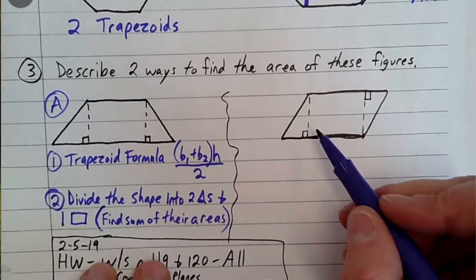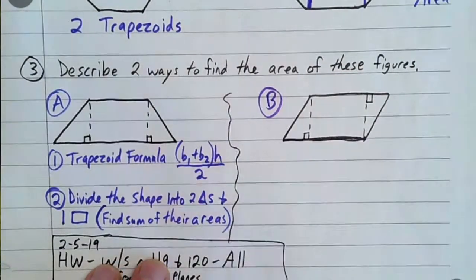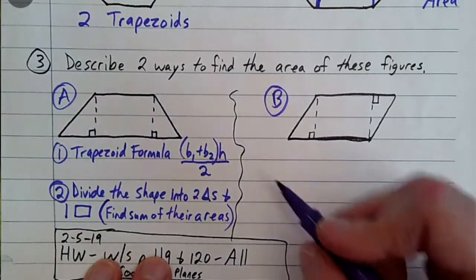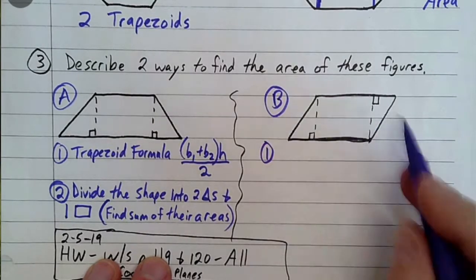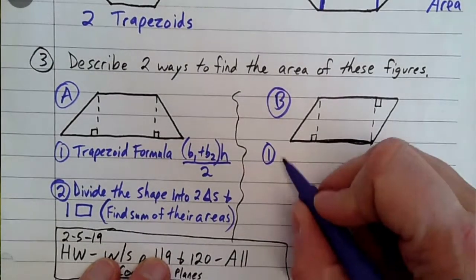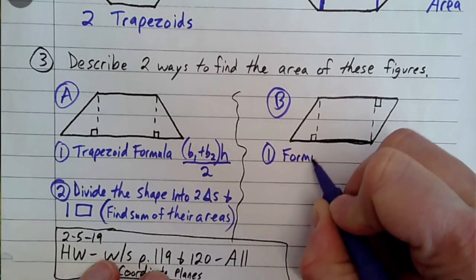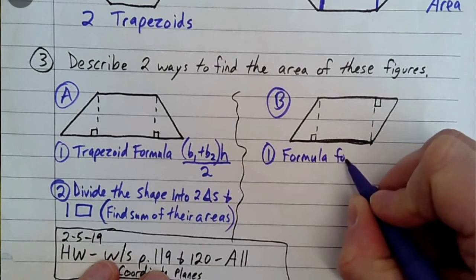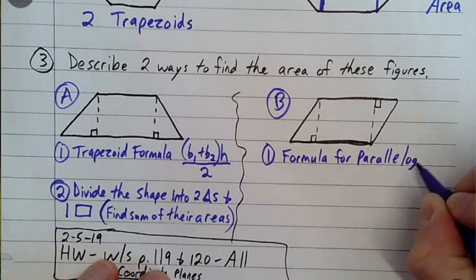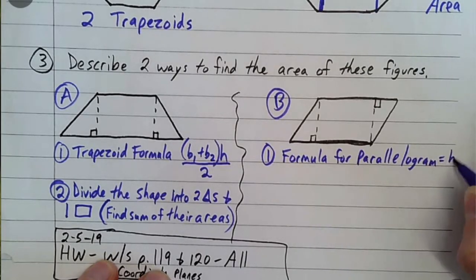This shape over here, shape B, I want you to describe two ways to find the area of it. One way would be the formula. Well, what shape is this? You need to know what shape it is, the formula. That is actually a parallelogram. So you could use the formula for parallelogram, which is base times height.